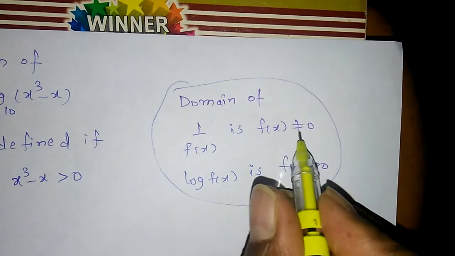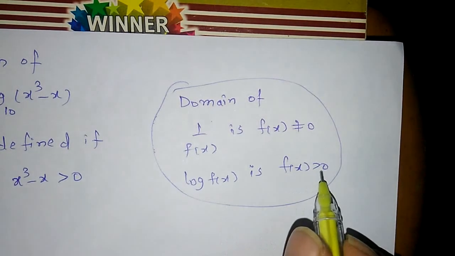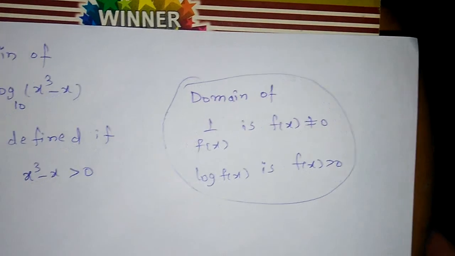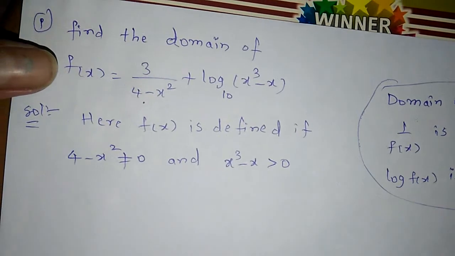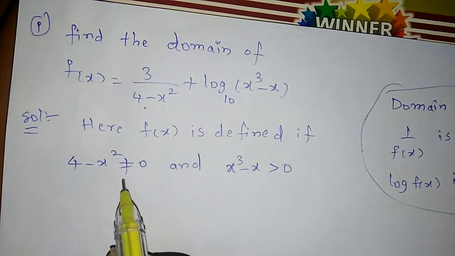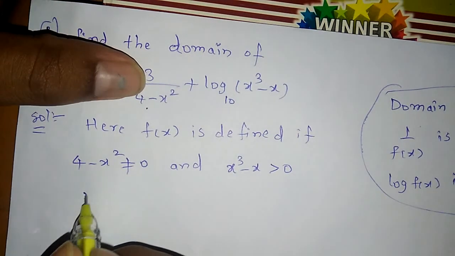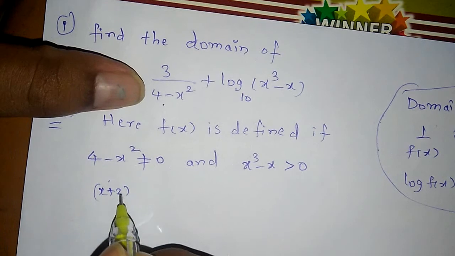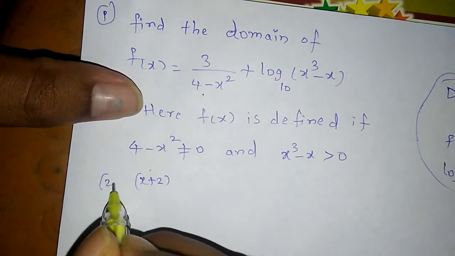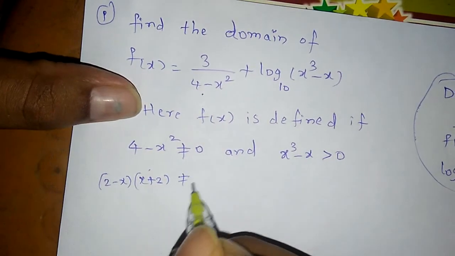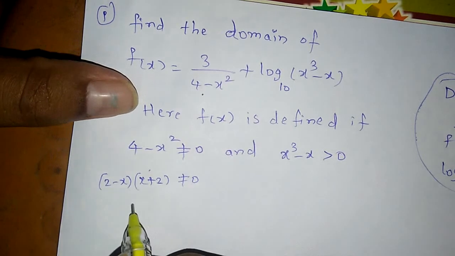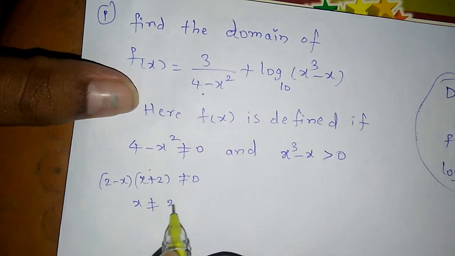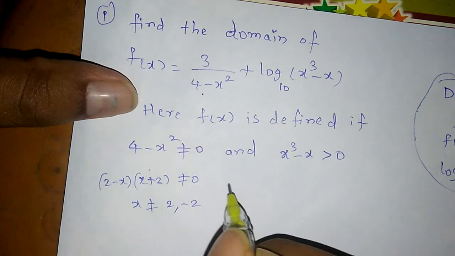If you solve this, f of x not equal to 0, f of x greater than 0, you will get the x values. So here I applied these formulas. One is 4 minus x square not equal to 0, that is 2 plus x and 2 minus x not equal to 0, a square minus b square applied. So x is not equal to 2 and minus 2.